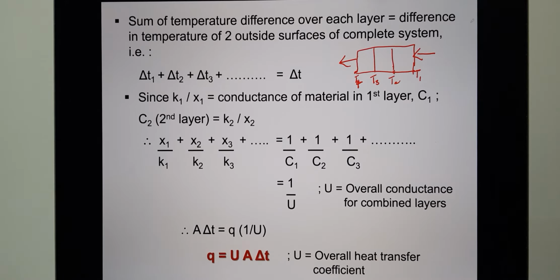Starting from your right hand side, for example, this particular temperature is 80 degrees Celsius, and then the exit temperature is 20 degrees Celsius. And in between, for example, T2 is 65, and T3 is 45 degrees Celsius.